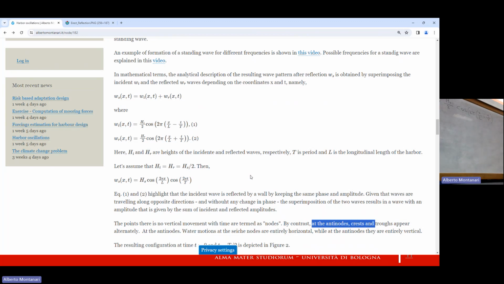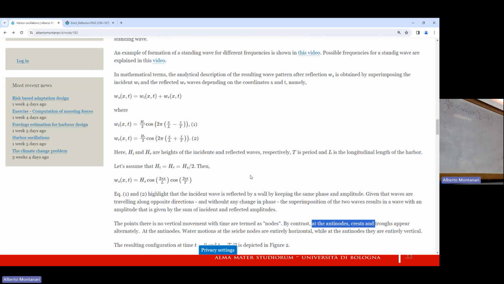Okay. So, first question, what happens at the head? What happens here? So in order to study the head, I need to study what happens for x equal to L and t equal to half capital T, correct?